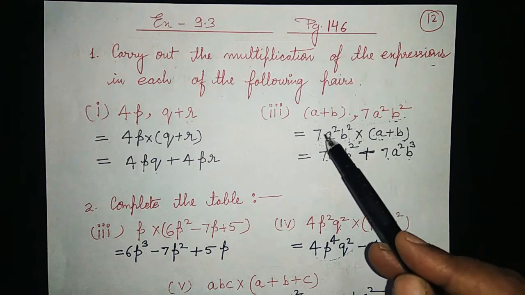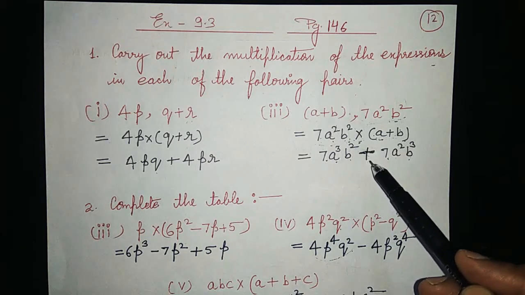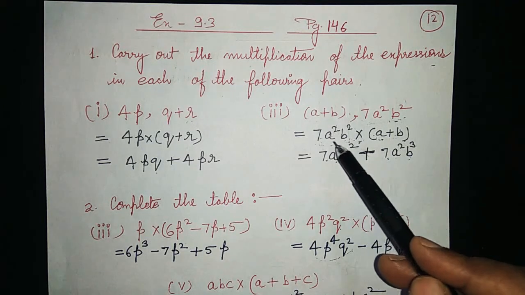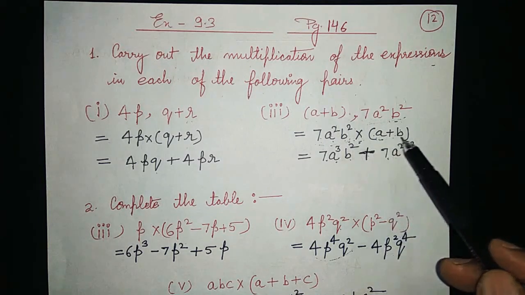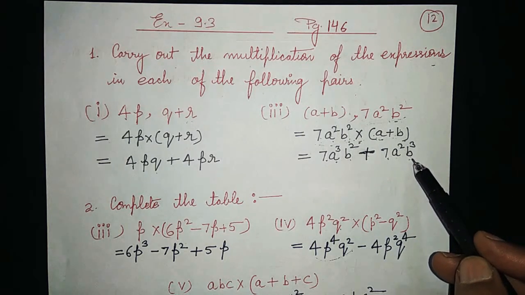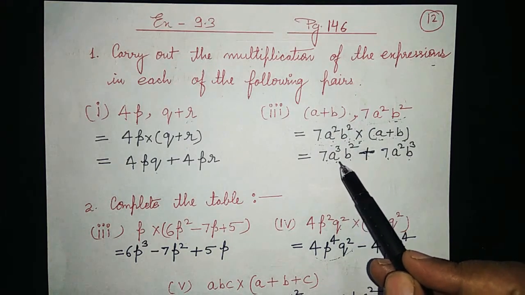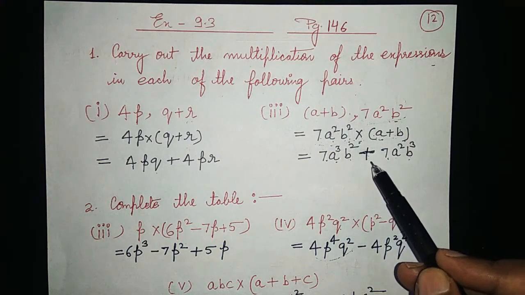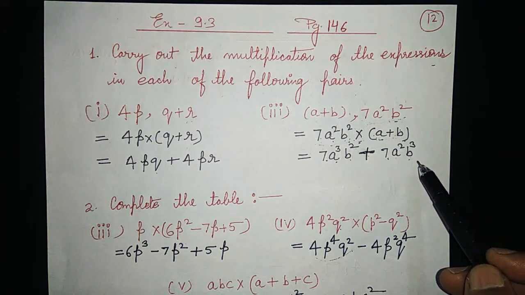Now, this plus and this plus, when we multiply, we get plus. Now, 7a square we will write and this b square and b, when we multiply, we get b cube. So, here the result of multiplication is 7a cube b square plus 7a square b cube.